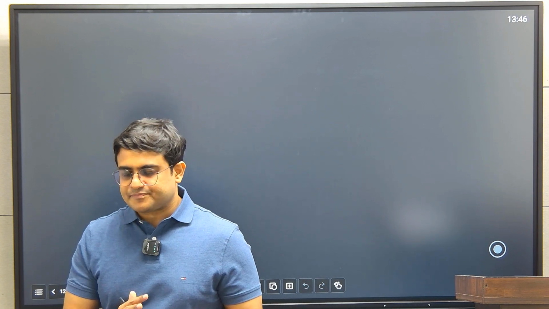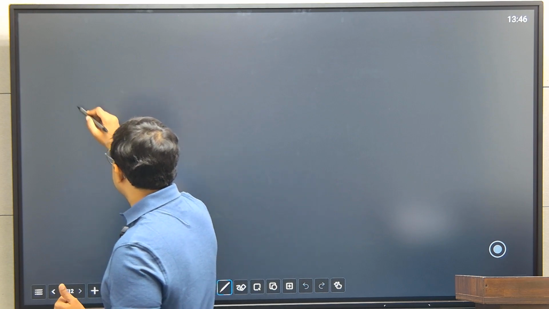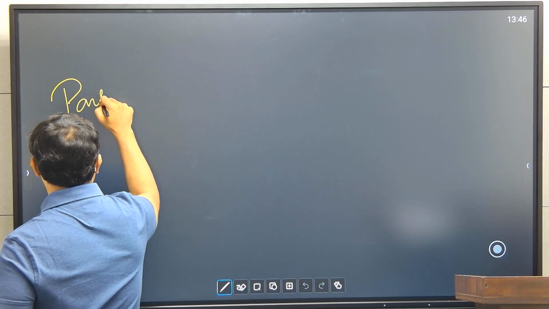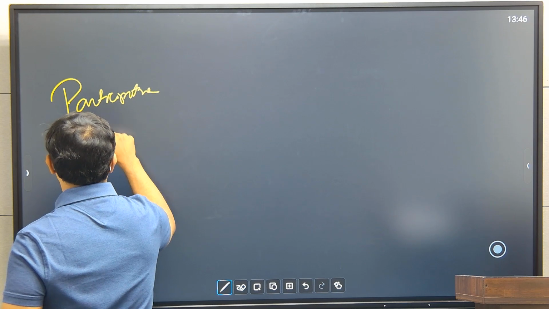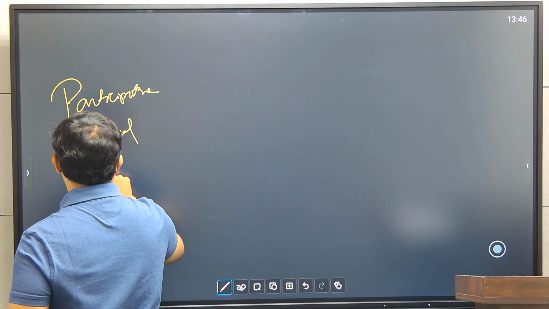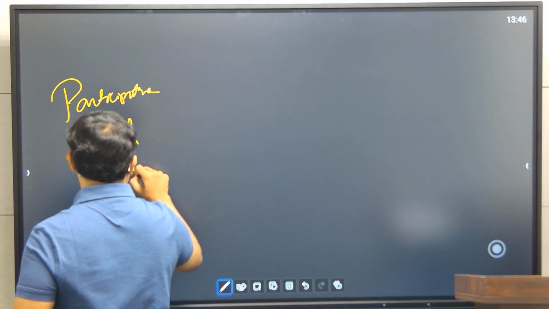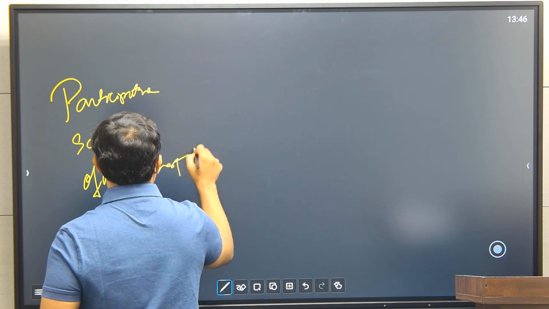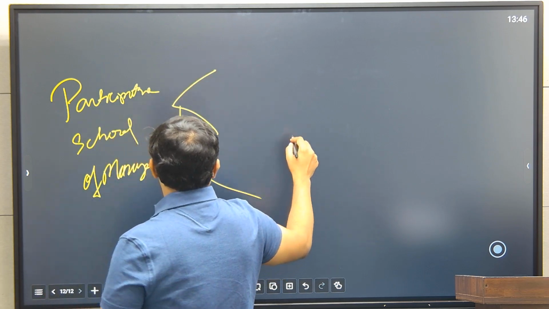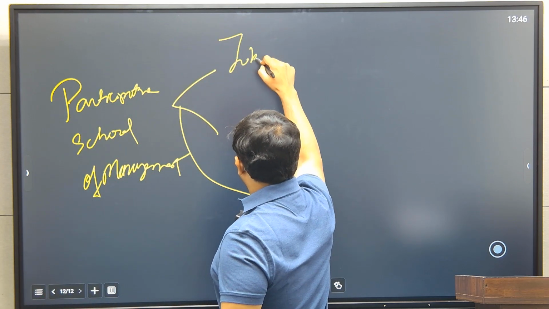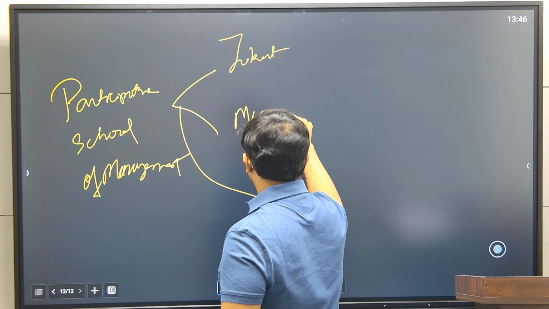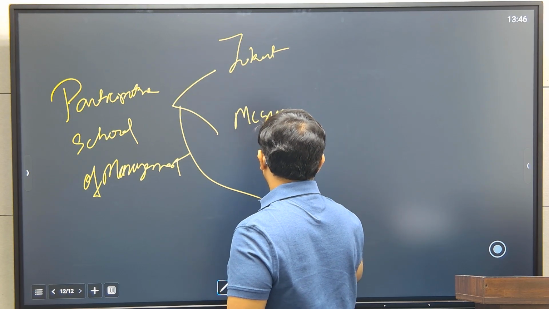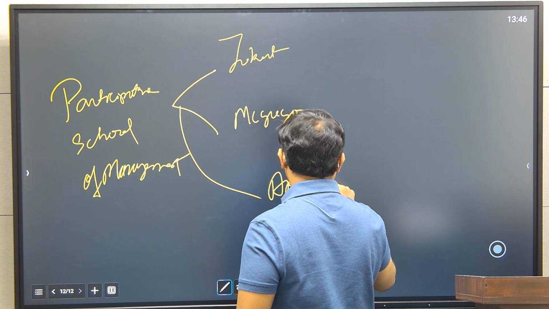How can we connect? Participative school of management. So Likert will connect, then we'll connect with McGregor and also Argyris, Chris Argyris.